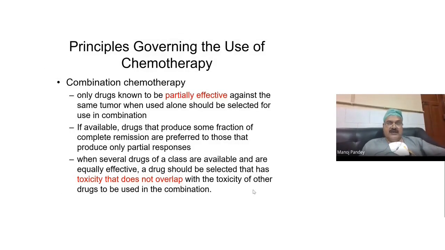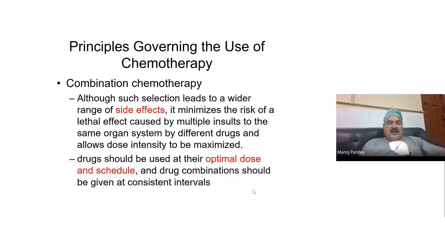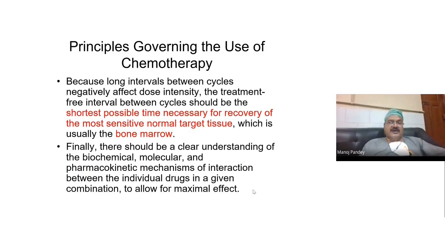But if you combine a drug which has hepatic toxicity with one which has renal toxicity, your toxicity profile will go down. And the drugs should be used in their optimal dose and optimal schedule. So for each drug, there is an optimal dose and optimal schedule to be used, and you should not arbitrarily reduce either the dosage or the time interval between the therapies.